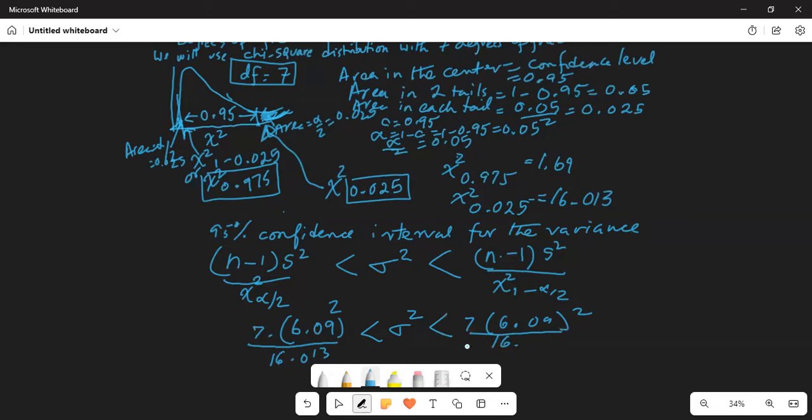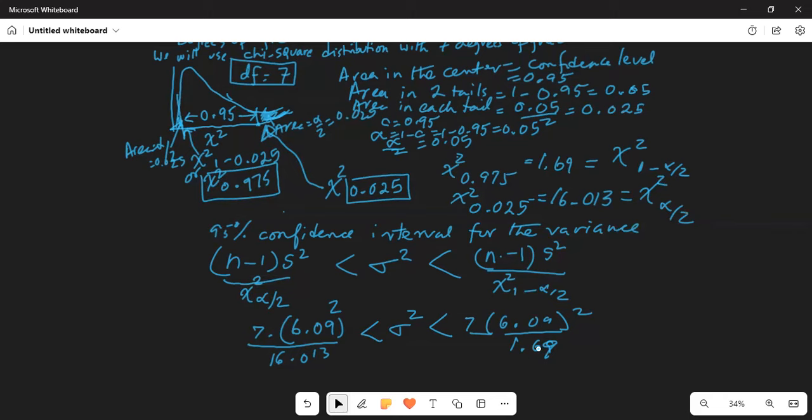Pardon my mistake. This is chi-square 1 minus alpha by 2, and this is chi-square alpha by 2.